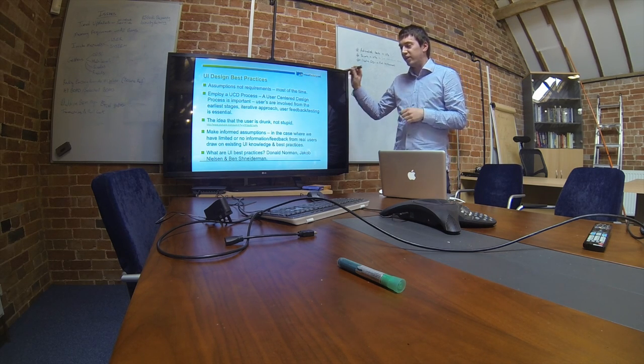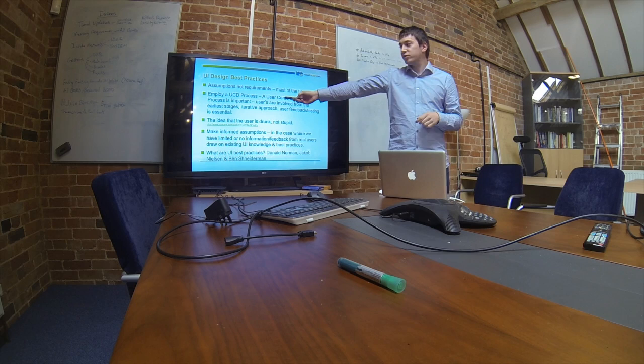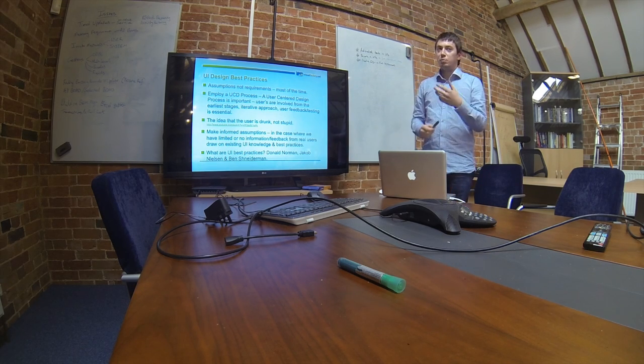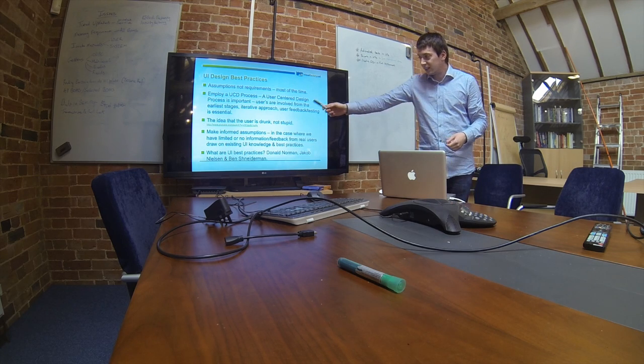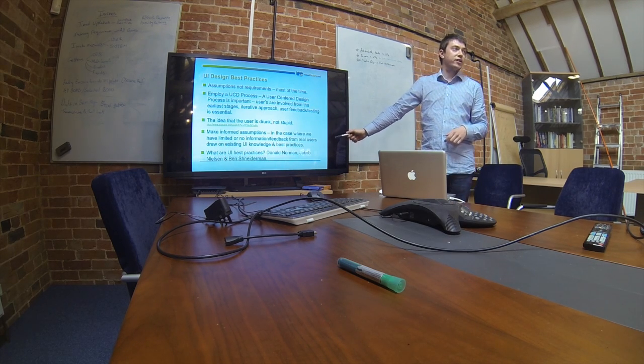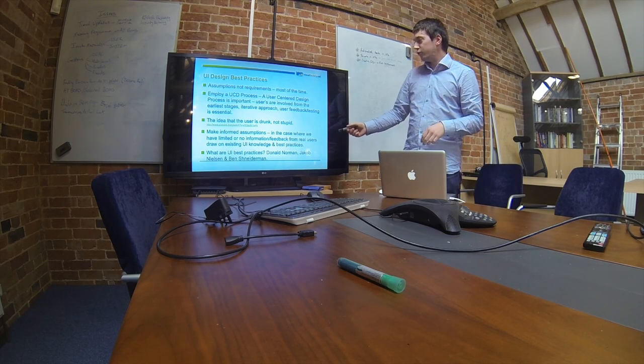That's just an assumption. They're not a requirement until that's proven with a UCD process, a user-centered design process, which basically allows us to get the users involved in the design stages and test and give us feedback. Really, really essential that happens, because at the end of the day, it's not for a customer to decide that a button should go here or there.